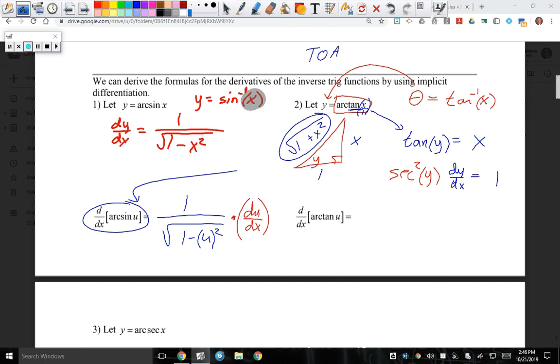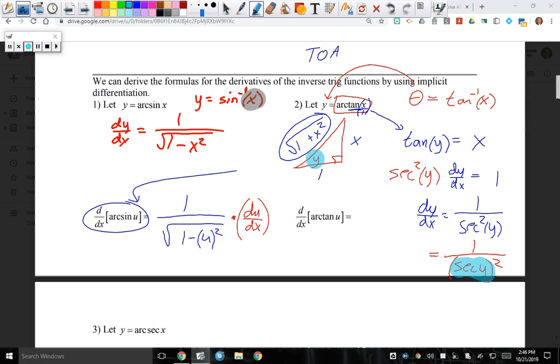And now, if I get dy dx all by itself, which is what I've been trying to do, it's 1 over whatever the secant squared of y is. And just a reminder, secant squared is taking the secant of y and then squaring it. They mean the same thing. Okay? Now, let's go to our triangle. The secant from this angle of y, secant is the flip of cosine.